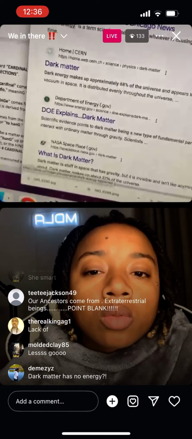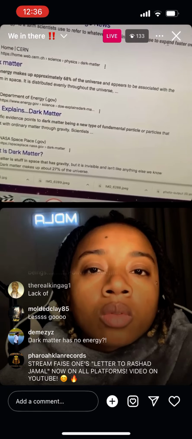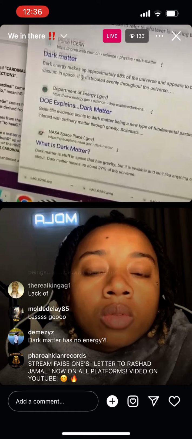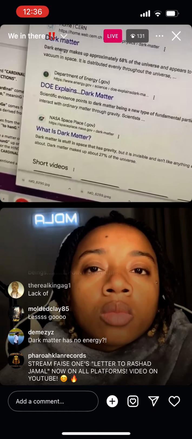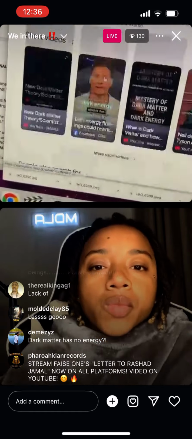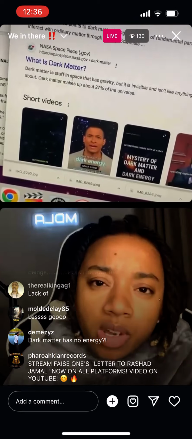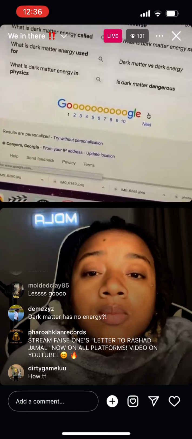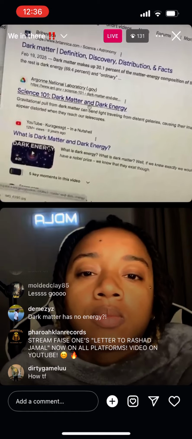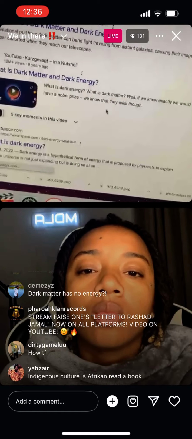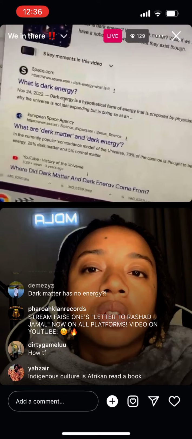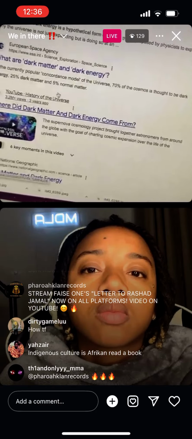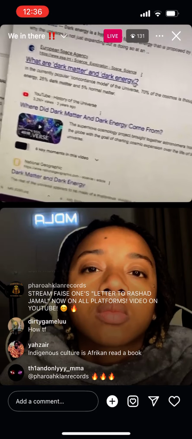We got something called dark energy. Dark energy term refers to whatever is causing the universe to expand faster over time. But dark matter energy doesn't seem to exist. Dark matter is stuff in space that has gravity. We'll look a little further and then we keep going. Dark matter can bend light. What is dark energy? Dark energy is a hypothetical form of energy. What are dark matter and dark energy?